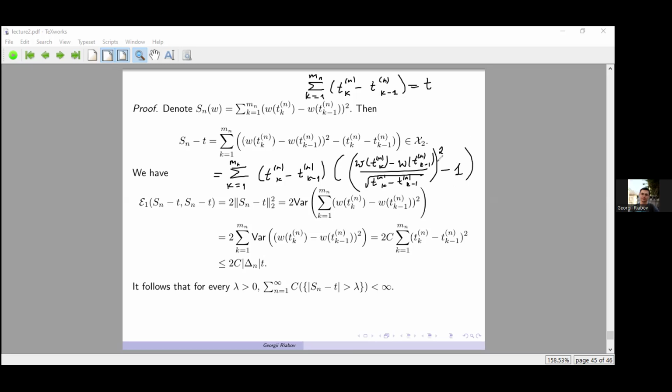And here we can note that actually this is the second Hermite polynomial applied to this function. In other words, we get exactly the sum, which is an element of the space of orthogonal polynomials of degree 2.